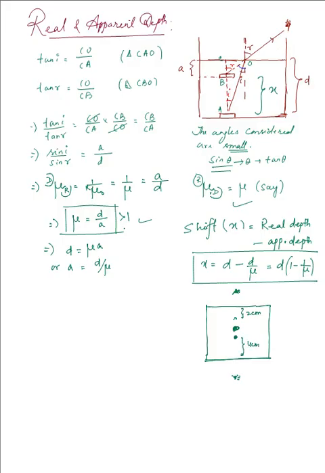The question is, what exactly is the thickness of the cube, or one of its dimensions that we need to know, the length of each side of the cube. Now, it's given that the refractive index of the glass in which the air bubble has been trapped is supposedly 1.5.